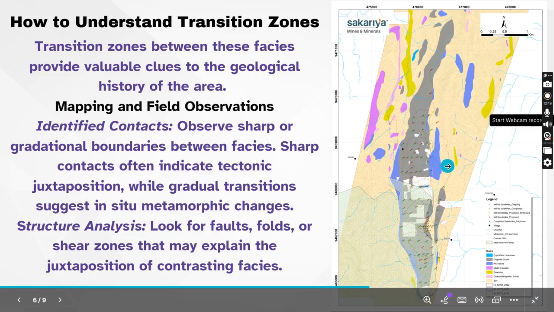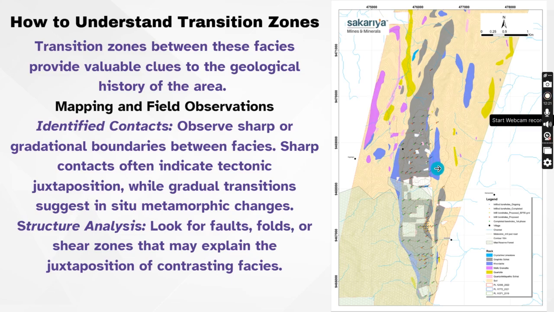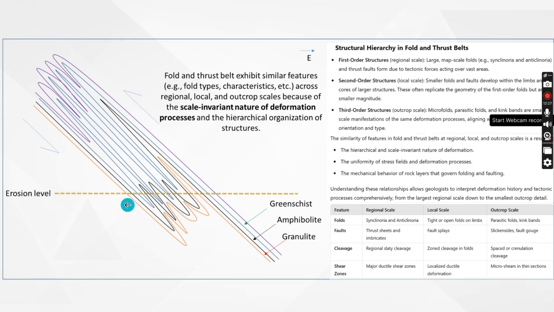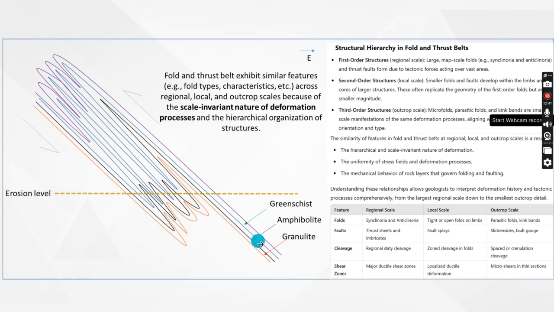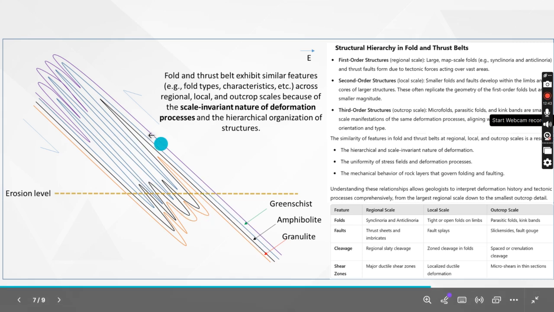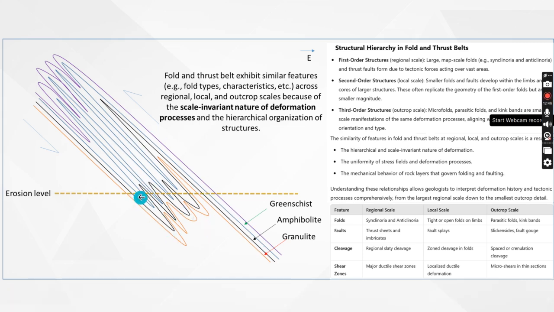Because of these kinds of thrusts and folds, often they are found to occur together. You can see this sketch here. For example, greenschist at the top, then amphibolite, then granulite, then other higher grade or basement complex here, lower one. But now if it is intensely folded and thrusted, what will happen?